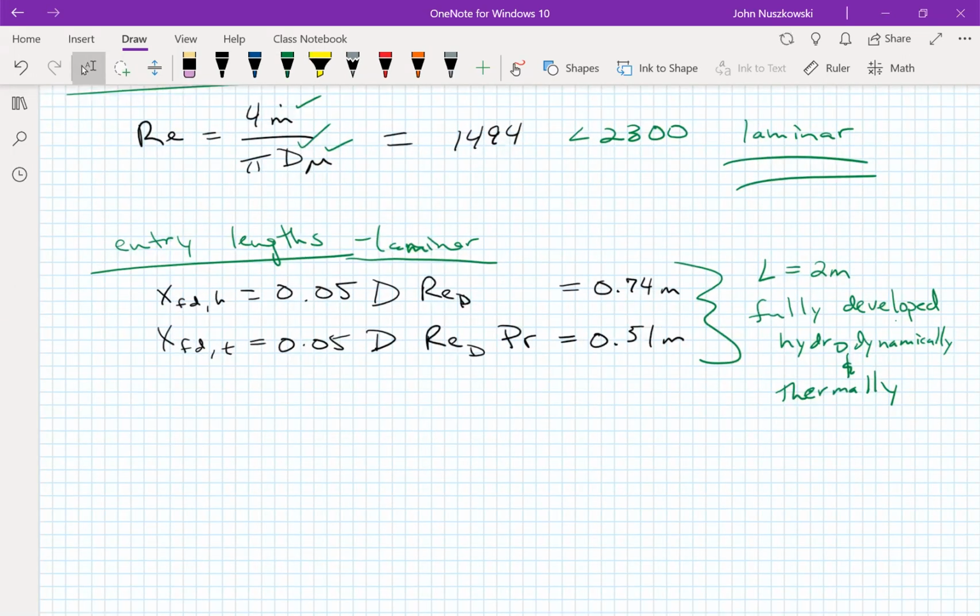Okay, so now we know we're laminar and we're fully developed, right? So there's also whether we want local or average convection coefficient.